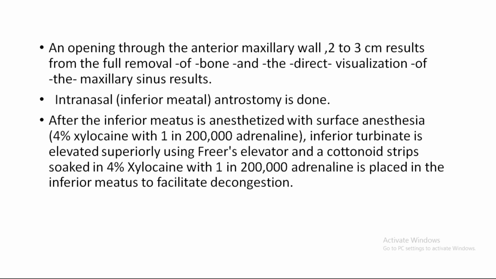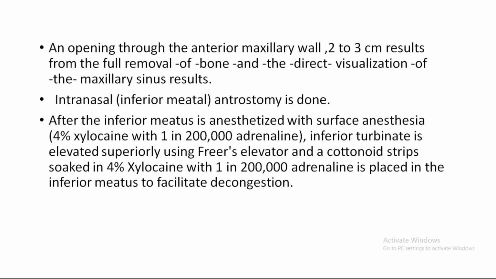For inferior meatal antrostomy, you change the position of the patient and give a pack in the nasal cavity, 4% lignocaine with adrenaline, and the inferior turbinate is elevated superiorly using Freer's elevator.